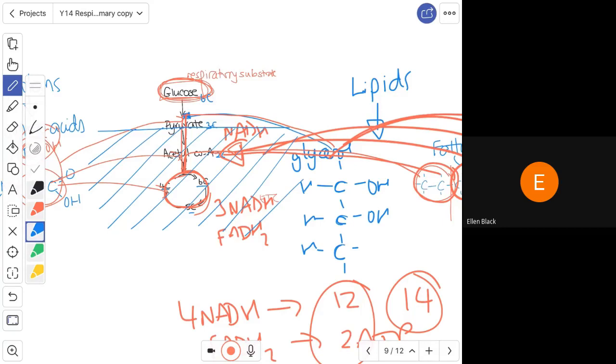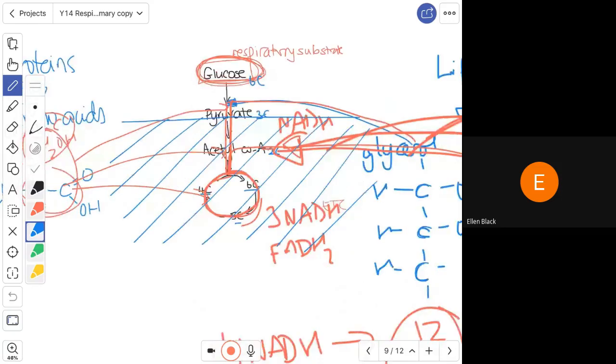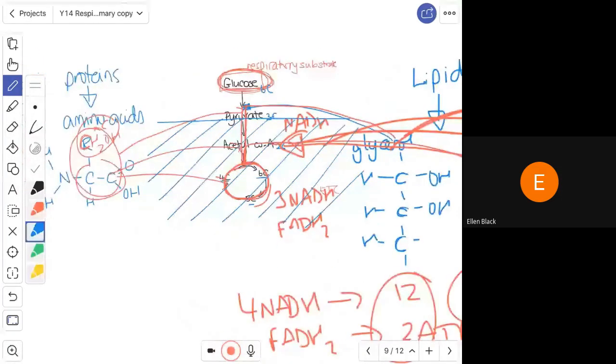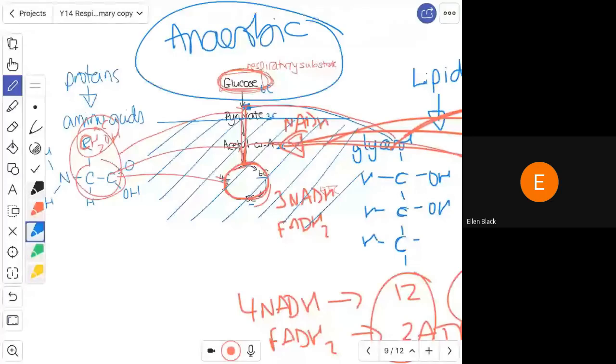I know in some cases they arrive at the pyruvate stage, but nothing happens to them. There's no ATP produced after that. So basically if there's anaerobic respiration, it can only be anaerobic respiration with a carbohydrate as a respiratory substrate.